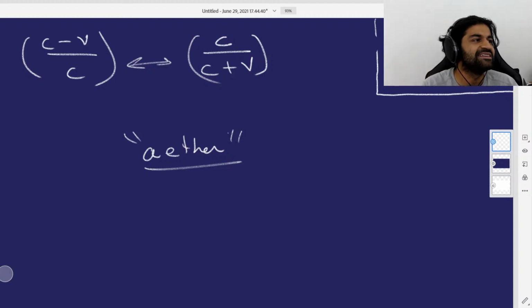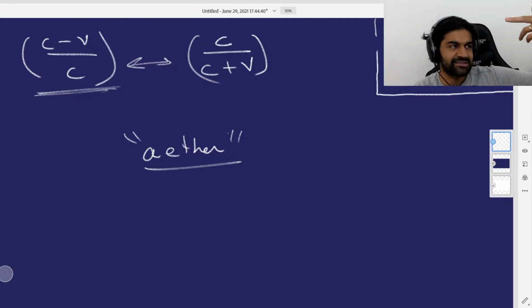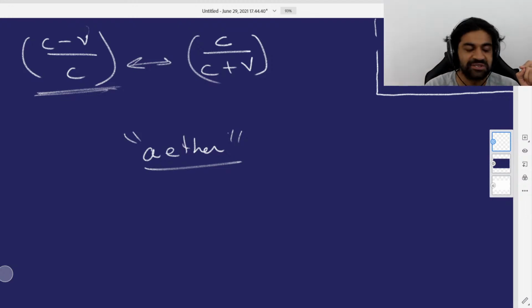Yeah. So one of these tells you what happens to the effect on the frequency: v is the speed of the source, c is the speed that the wave propagates through, and you have this asymmetry over here.